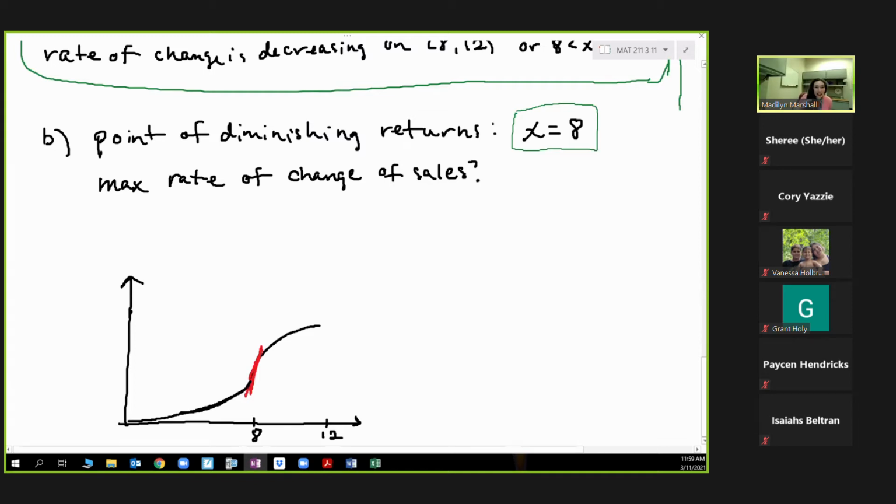If it's changing concavity there, it's getting super, super steep. So this rate of change of sales is increasing and increasing and increasing, and then it starts to decrease. So its maximum rate of change is where it gets the steepest after increasing a bunch, and then it'll slow down. Is it typically always the same as the point of diminishing returns? Yes. It is.